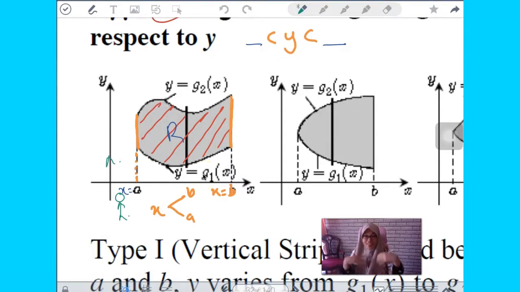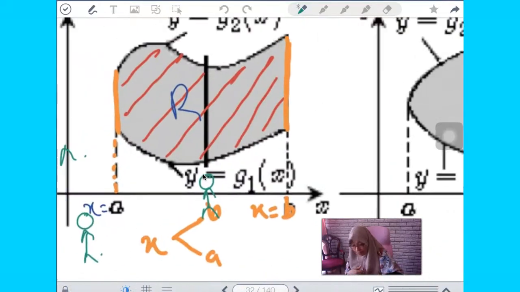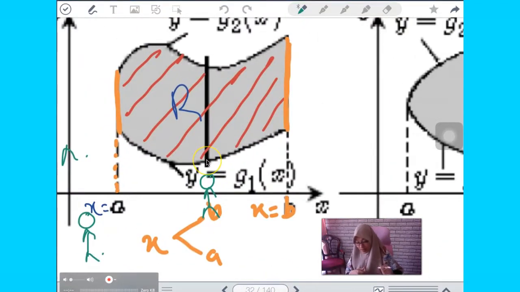You are here now, and then you want to pass through this area. Using this line, if you are walking forward, which means that y is increasing.